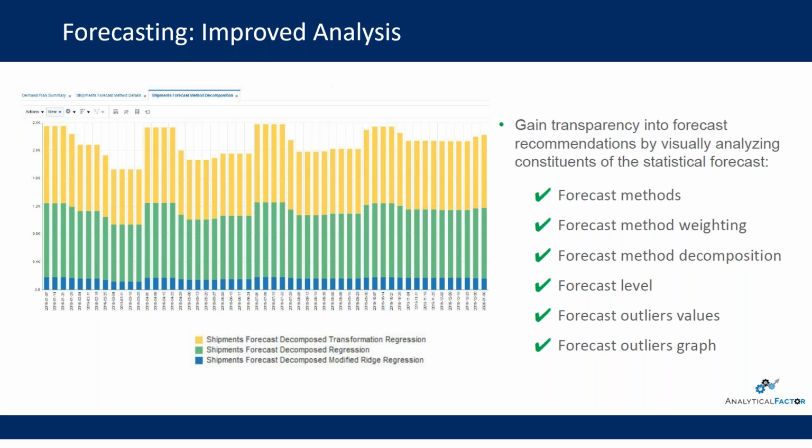You can also very easily see things like what level the forecast was generated at, if outliers were detected and data was smoothed, when did that happen, and kind of what kind of smoothing was used. And you can see also causal decomposition. So if you've got a variety of causal factors, you don't just want to see my forecast for next month is 1,000.